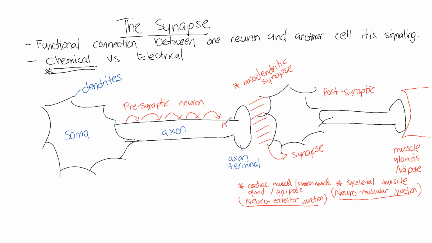But when the action potential gets to the axon terminal, we have to convert this electrical energy to something else in order for it to travel across this synaptic communication. And so that's what we're going to be speaking about today, how we convert that electrical energy from the action potential to chemical energy, and we release something called a neurotransmitter, which is what carries on the signal across that synaptic junction.